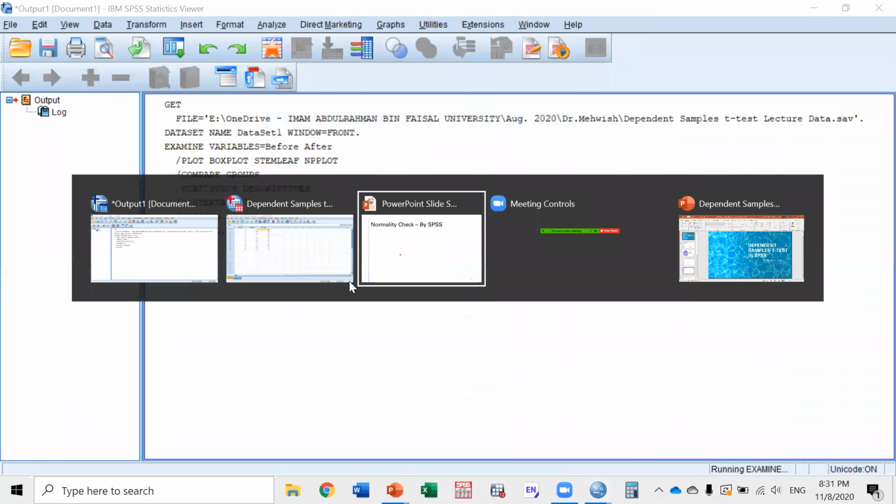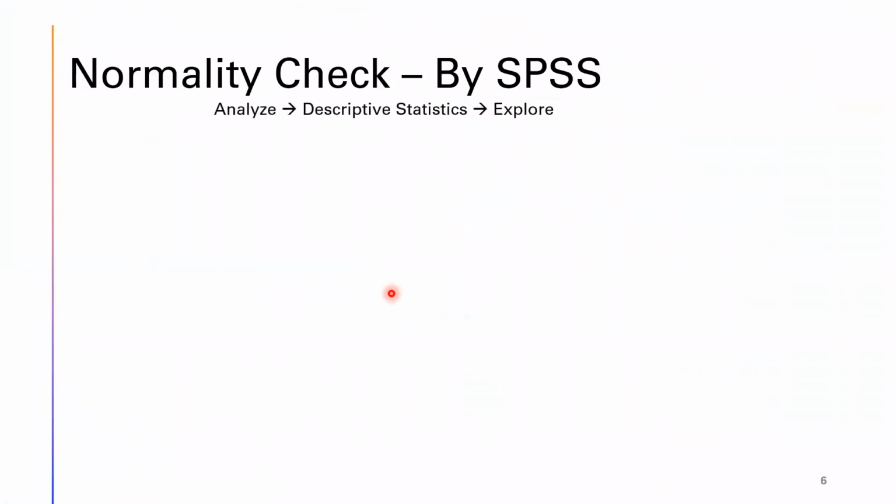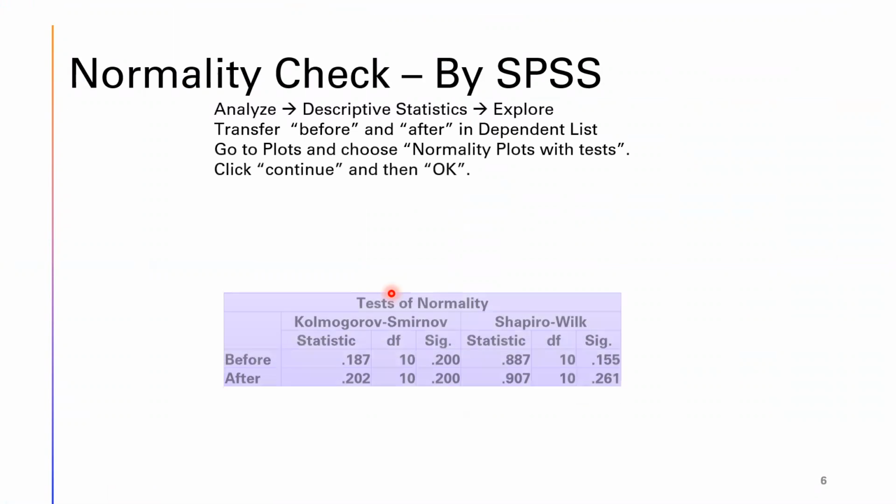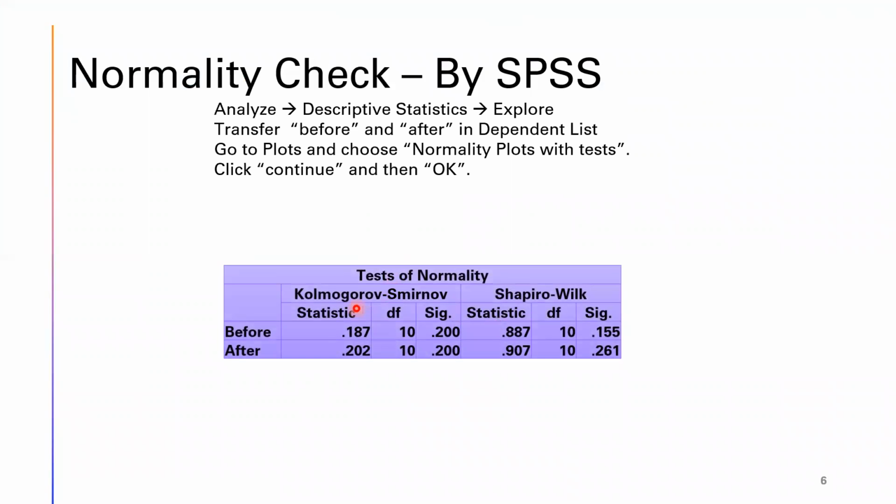In the output file, SPSS will display many tables. Our concern is with the table which has the tests of normality. It shows the p-value for two tests, one is Kolmogorov-Smirnov and another one is the Shapiro-Wilk test.